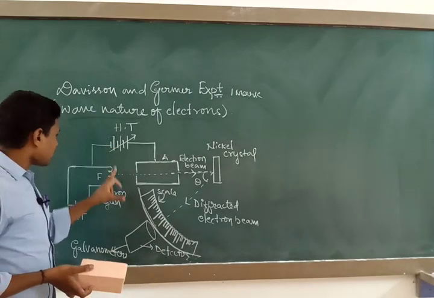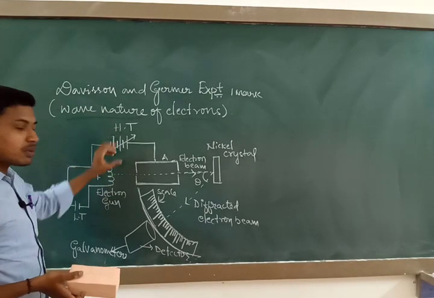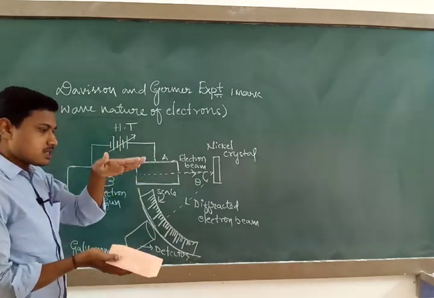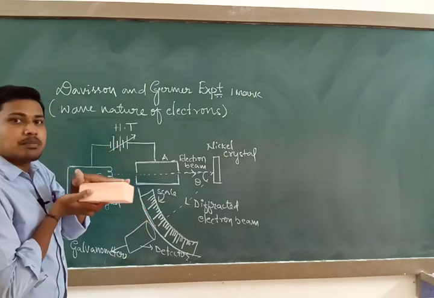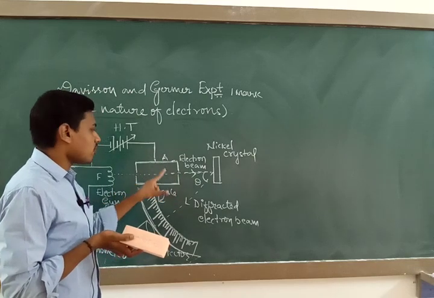As the electrons are emitted and accelerated, I can concentrate the bundle of electrons into one collimated beam, and that collimated beam is produced with the help of this anode.